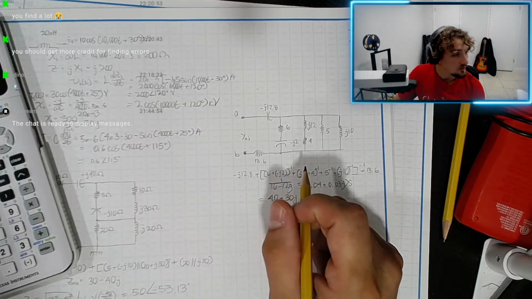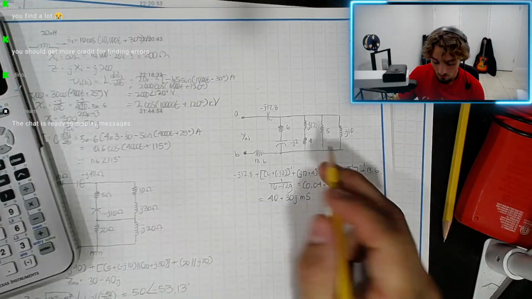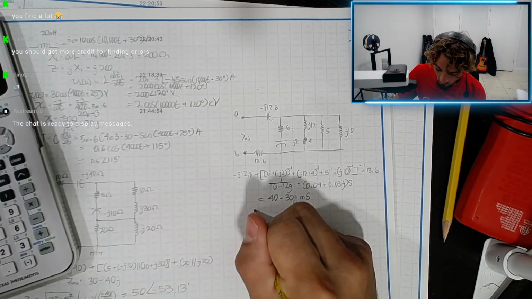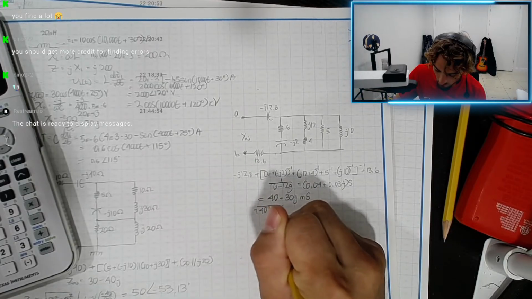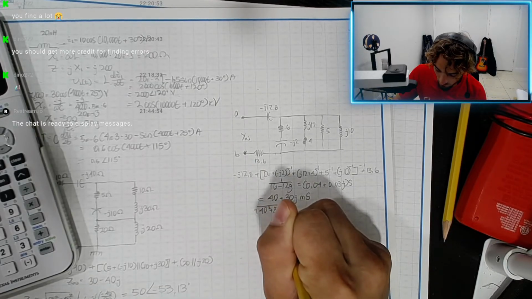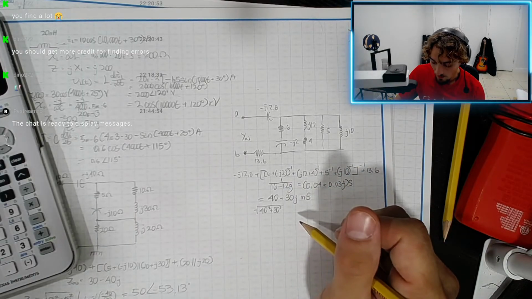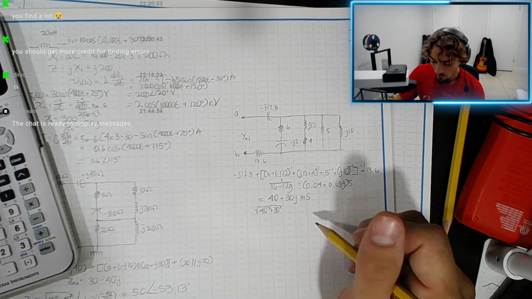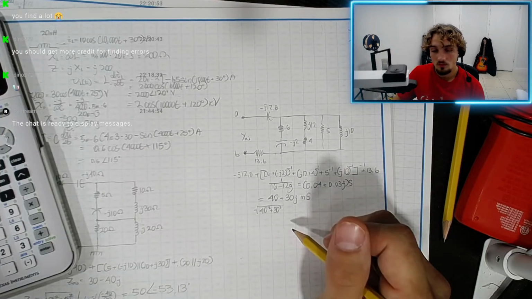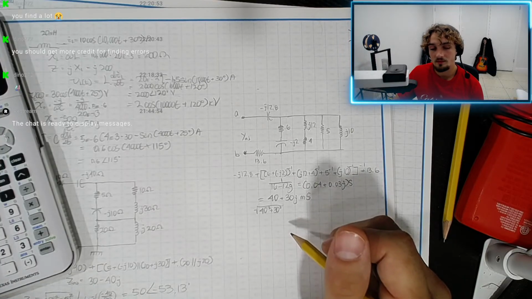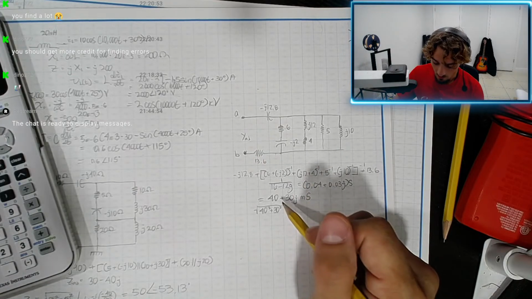Okay, and then we use the Pythagorean theorem essentially to solve for the magnitude of the admittance, using these rectangular coordinates.